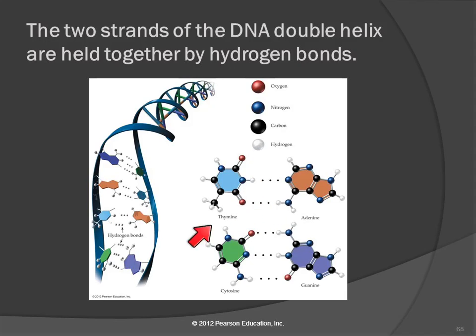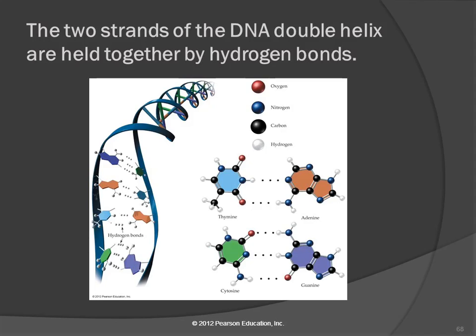It's the hydrogen bonds that hold those 2 strands together and cause the base pairs to match up perfectly. It's always A and T, with C and G. And that allows your body to replicate the DNA because it always pairs up that way.